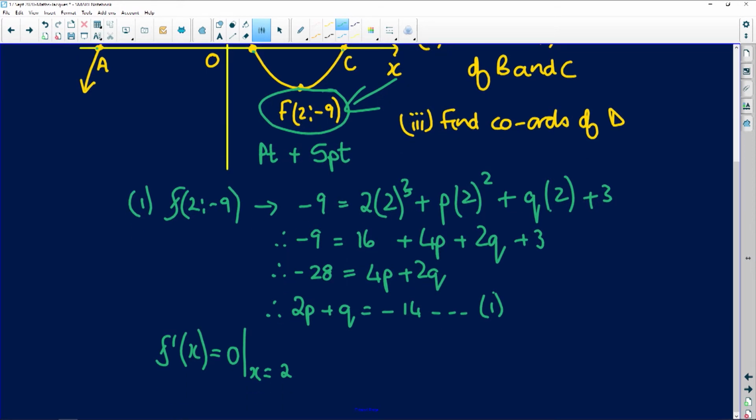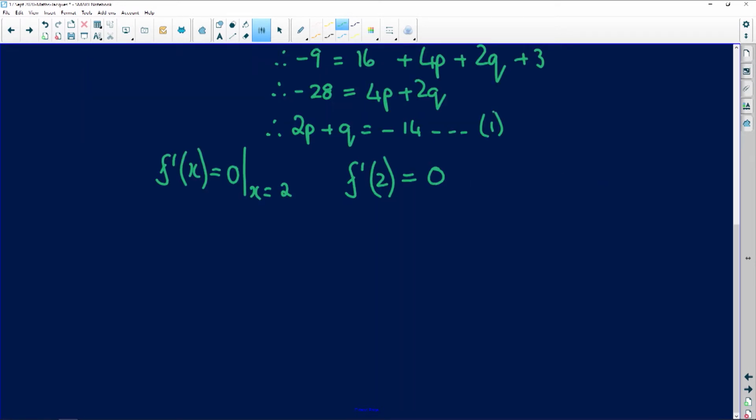So our derivative here, f prime 2, I'm going to work with, and I know that that is 0. If I differentiate this function, let's just straight go for the derivative. The derivative of 2x cubed is 6x squared.